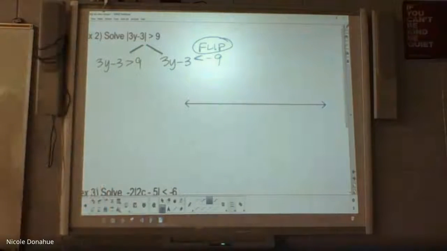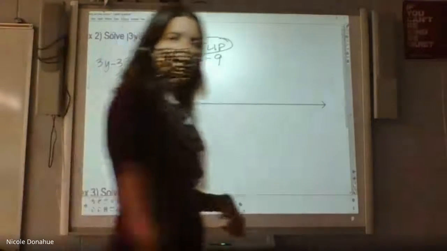So I'm writing myself a note there, so if you looked away for a second, you came back and you didn't realize that, you didn't flip the inequality. Super important.